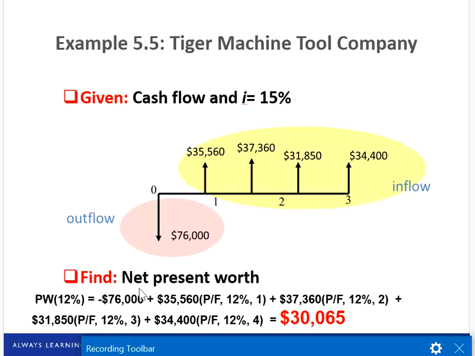This is the cash outflow at year 0, and this is the present value of all those future cash flows. You add it, we get 30,065. Since it has a positive cash flow, right, so this project is acceptable.